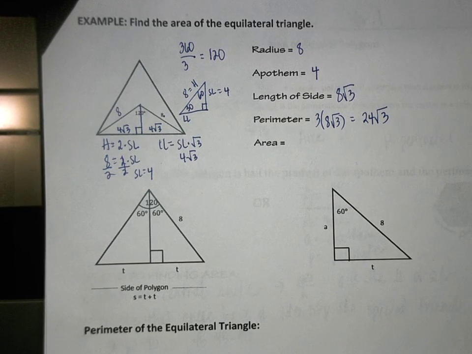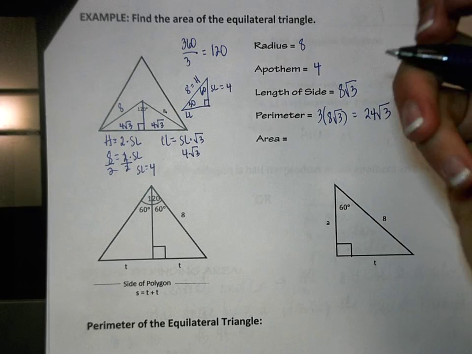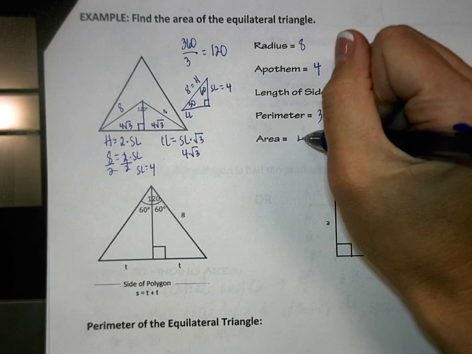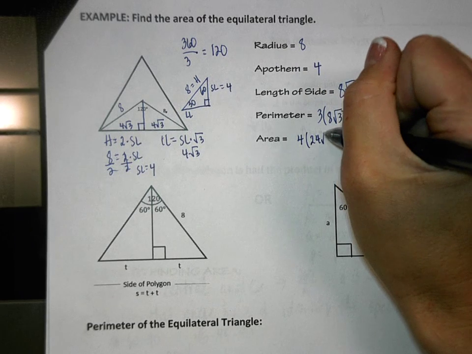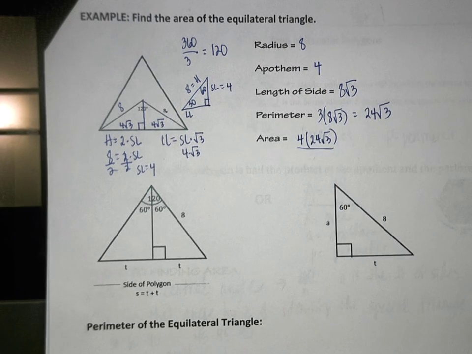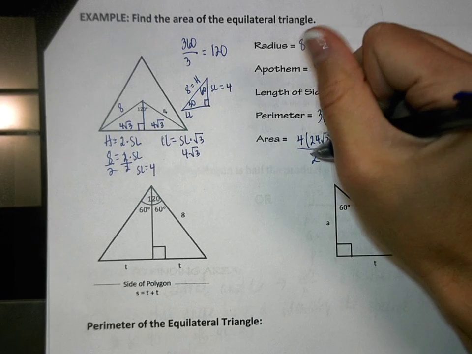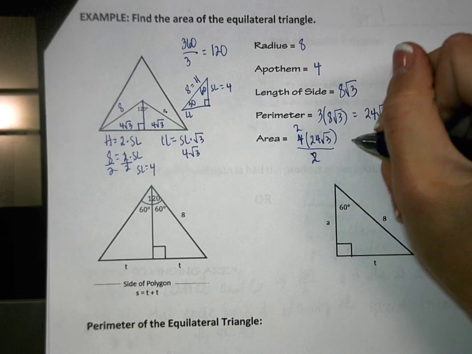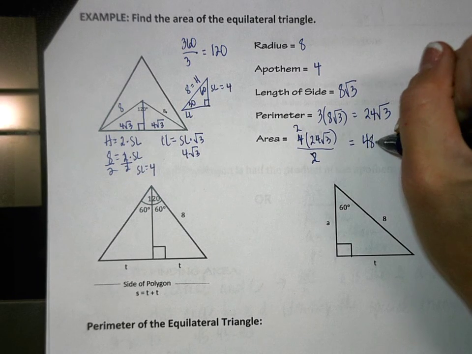Okay, and then we're going to find our area with our formula, which is apothem, in this case, 4 times the perimeter, 24 root 3, divided by 2. Okay, so 2 goes into 4 2 times. 2 times 24 root 3 will be 48 root 3 is my area.